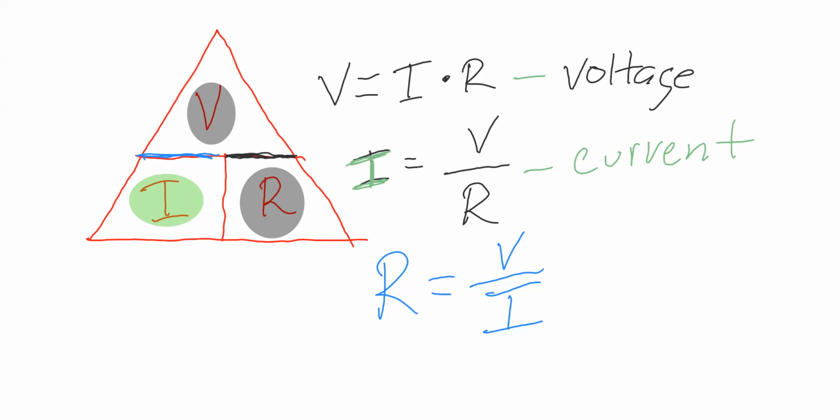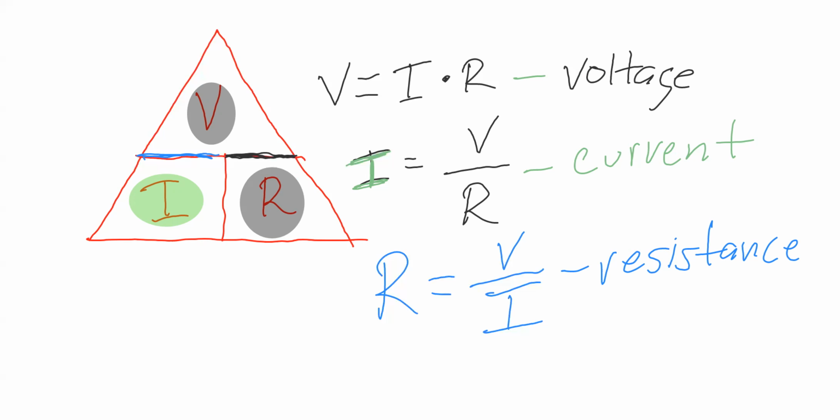And lastly, we're looking for resistance here. And we cover and we divide voltage by current. And those are the three parts of Ohm's law: voltage, current, resistance.